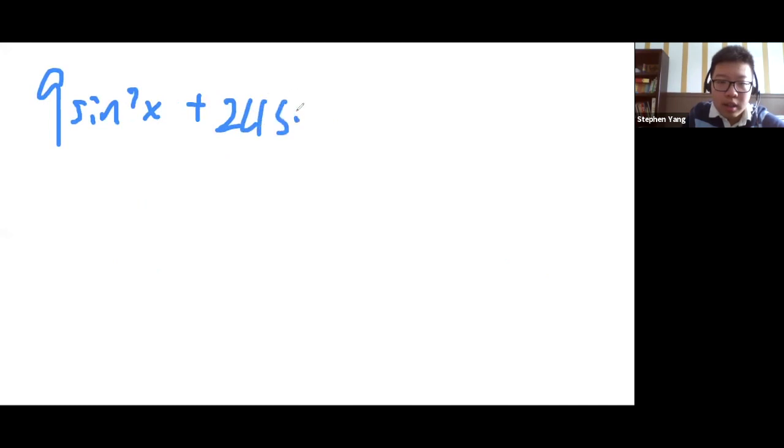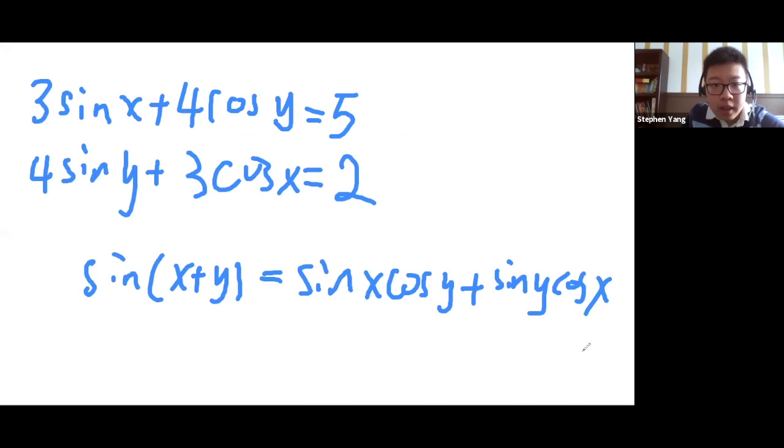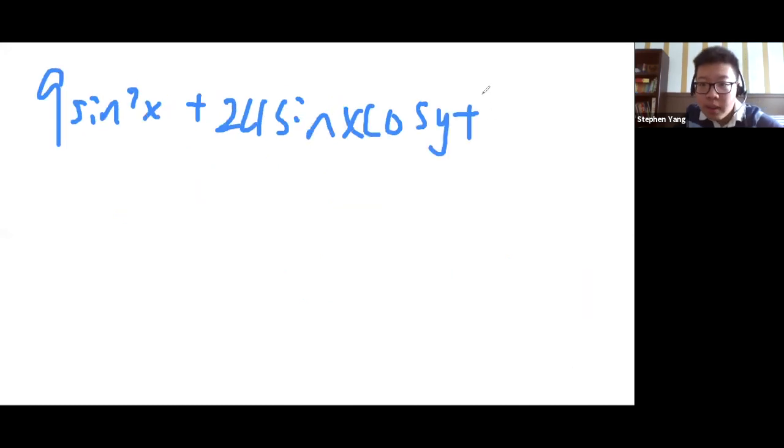The first one squared would be 9 sine squared x plus 24 sine x cosine y plus 16 cosine squared y is equal to 25.